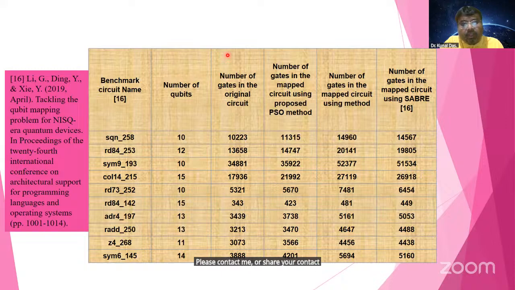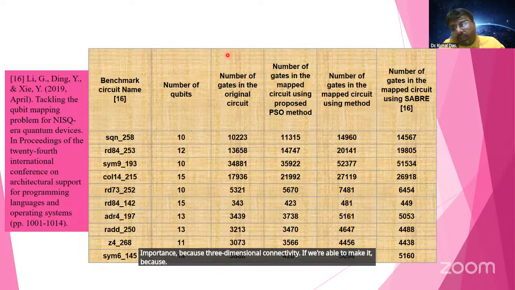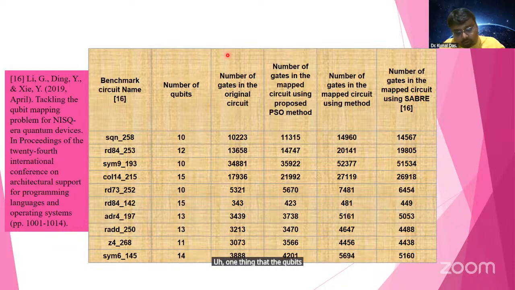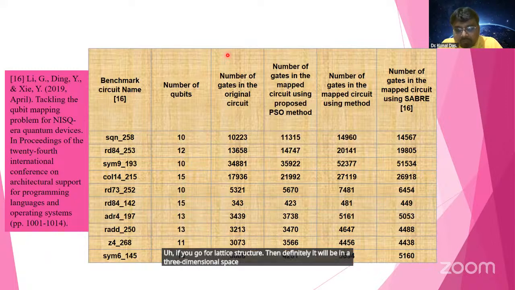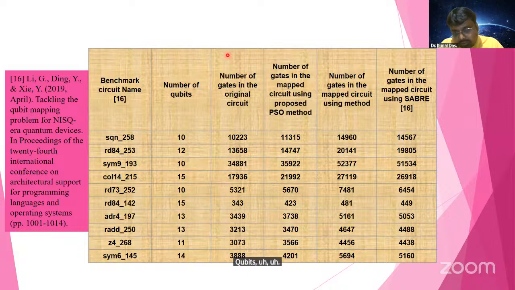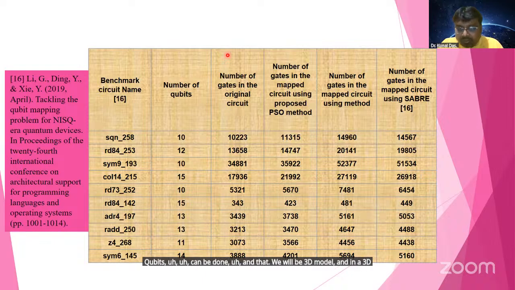I will definitely connect with you. It will remain important because of 3-dimensional connectivity, if we are able to make it, because the qubits are now in the 2D plane. If you go for a lattice structure, then definitely it will be in 3-dimensional space. So perhaps it is molecular. Definitely molecular-based qubits can be done, and that will be a 3D model. And in a 3D model, there will be more connectivity.